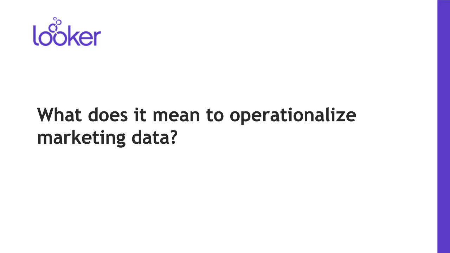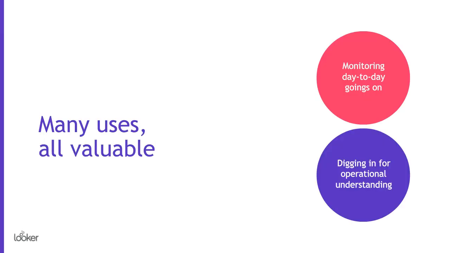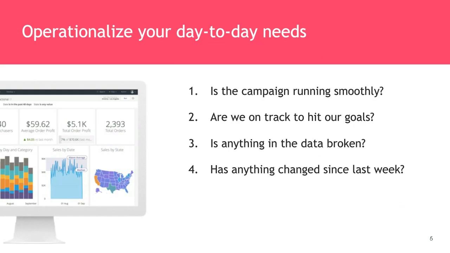So I like to think about this in 2 ways. First off, there are operational metrics that help us monitor our day-to-day goings-on. And then there are the metrics that help us dig in to understand what's going on with those. So for day-to-day needs, some of the questions that you could be answering with operational metrics are, is this campaign running smoothly?